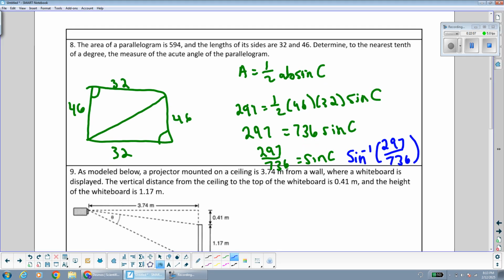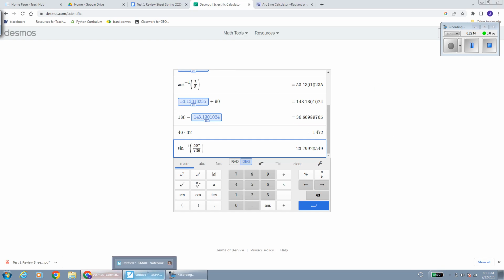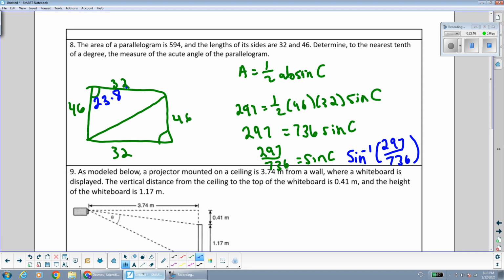And it does say to the nearest tenth of a degree. So I got approximately 23.8 degrees for this angle measurement of the parallelogram. And that is an acute angle. So that means this one would be the obtuse angle then. Because this one would be 180 minus 23.8.